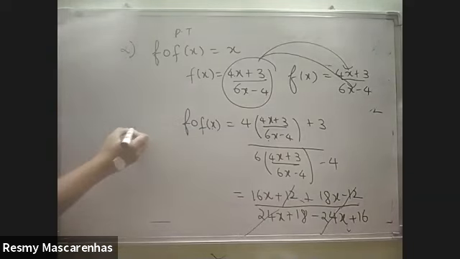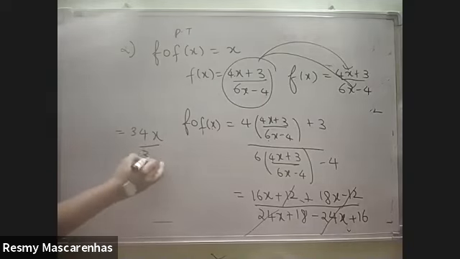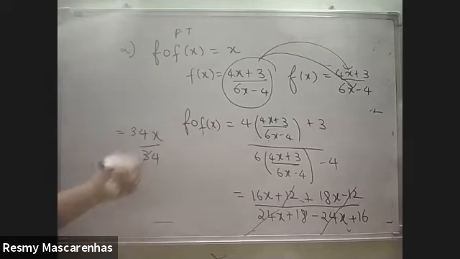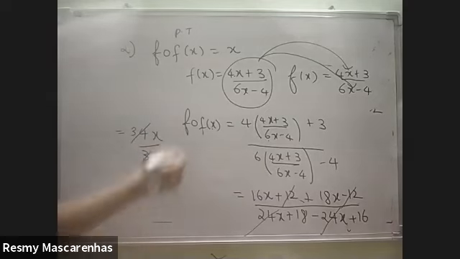So that will be 34. So you have proved that f of f of x is equal to x.